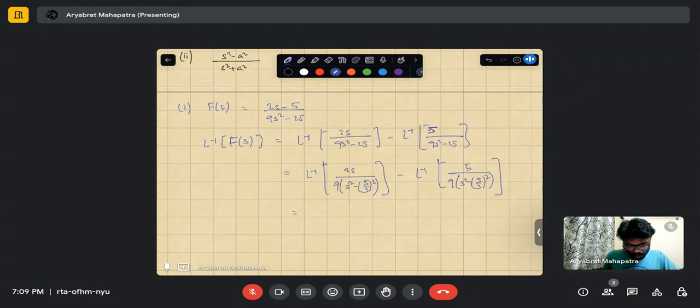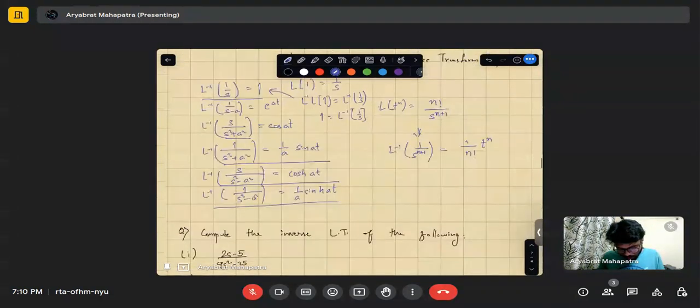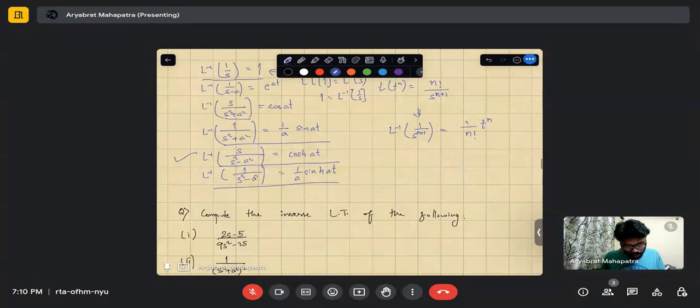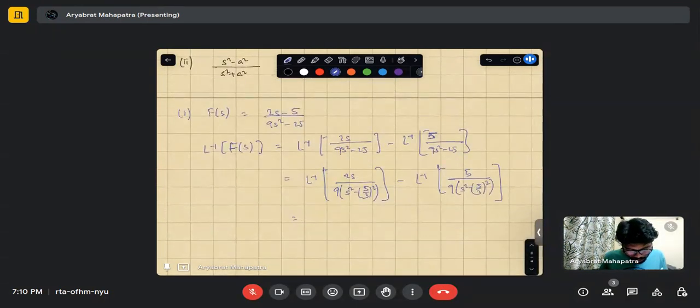The first term is s over s squared minus a squared, which is related to cos hyperbolic. Then I have to check what a is here. You will see that a is 5 by 3.